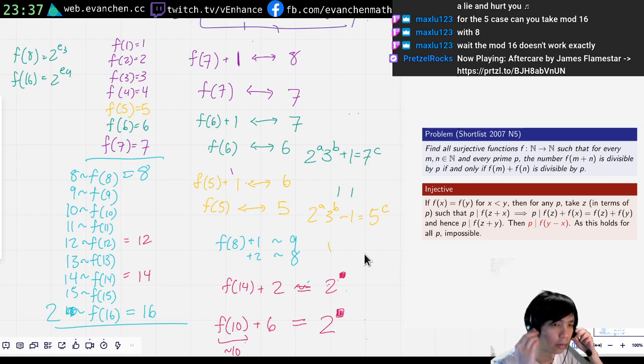It's so weird because for these numbers, I can't really go downwards. If I'm looking at f of 9, for example, I already used up all the information from f of 6 plus f of 3. But in order to continue this induction, if I want to really get this whole block of power of 2 at once, it's a struggle.